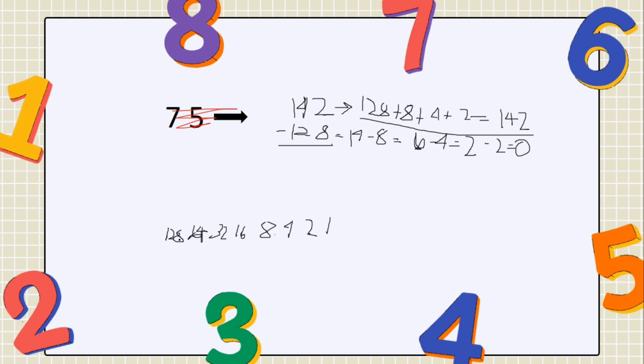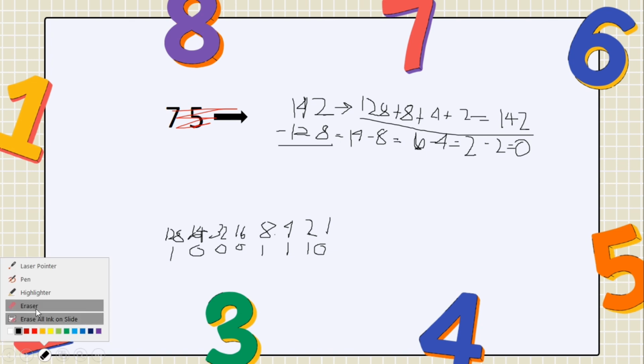So, present ang 128, 64 is dili, 32 is dili, 16 no, 8 is present, 4 is present, 2 is present, and 1 is dili. So, mao ni siya ang answer sa decimal ma-convert into a binary. Mao ni siya ang answer.